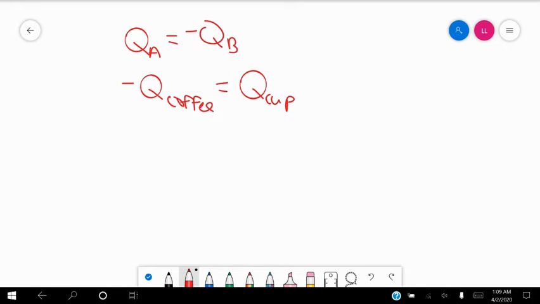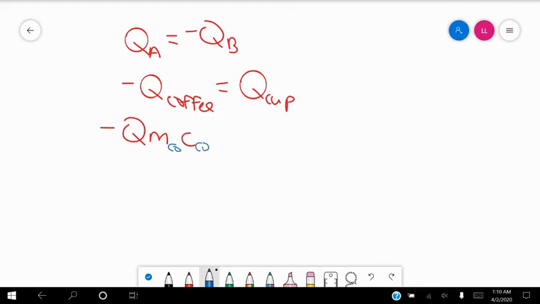But this really just becomes an algebra problem at this point. So we're going to start with MCΔT for both of them. Let me put it in blue. So the specific heat of coffee times that temperature change. Let me try to keep everything consistent.